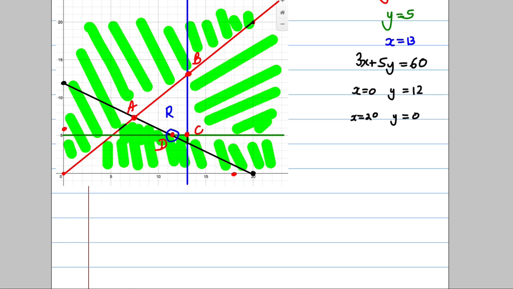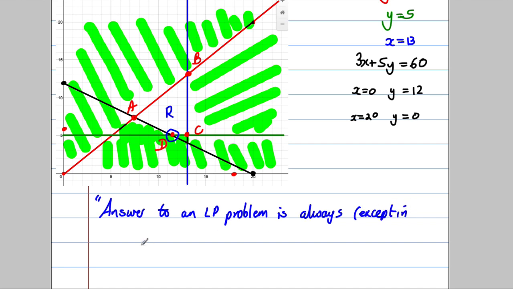Okay, so the rule is that the answer to an LP problem is always, and just a little caveat, except in integer cases, which I'll do about in the last video, a vertex of your feasible region.